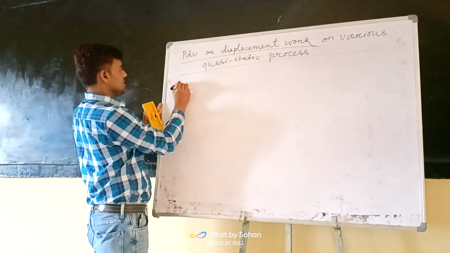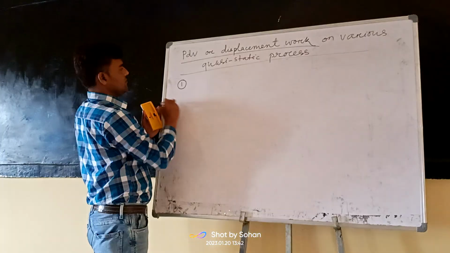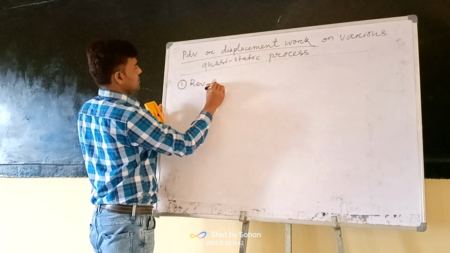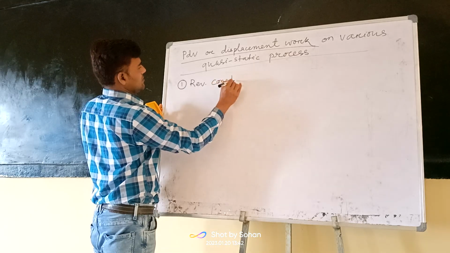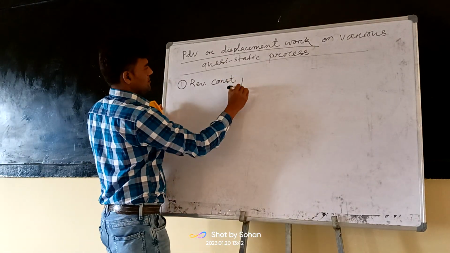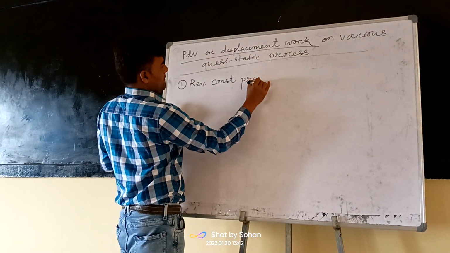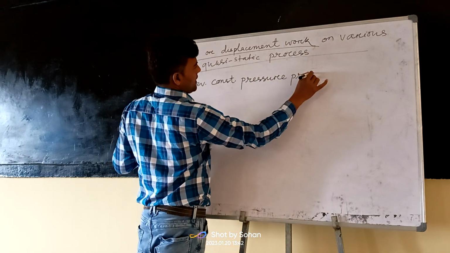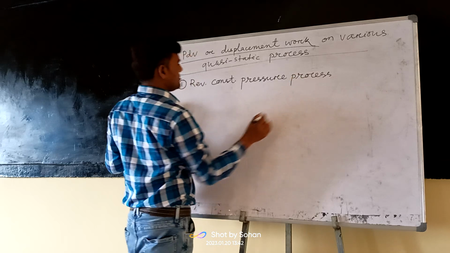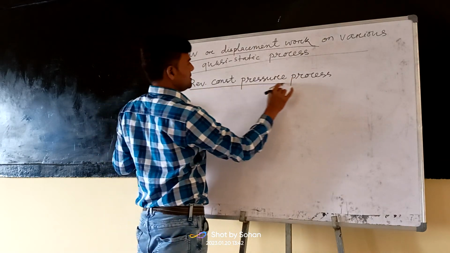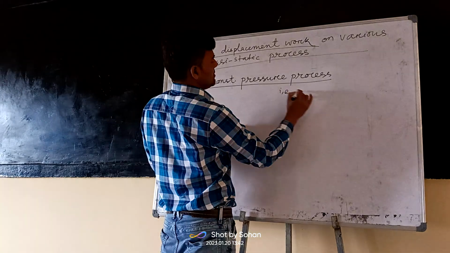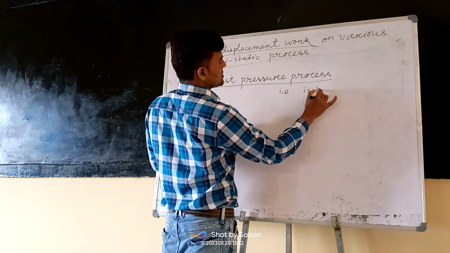The various quasi-static processes are: number 1, reversible constant pressure process, that is, the isobaric process.